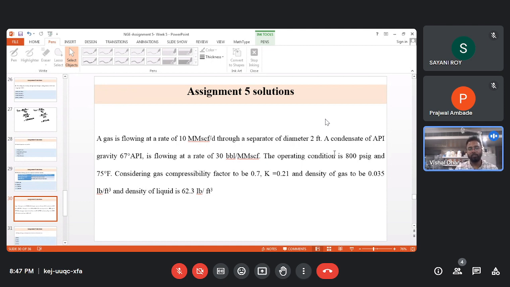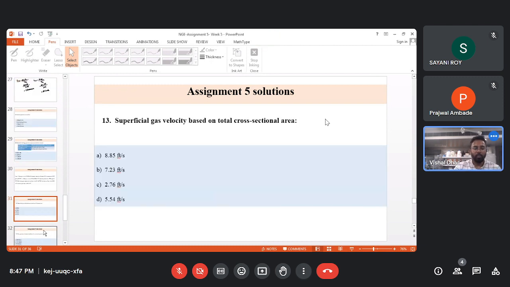Considering gas compressibility factor to be 0.7, K equal to 0.21, density of gas to be 0.35 lb per feet cube and density of liquid to be 62.3 lb per feet cube. The question is: superficial gas velocity based on total cross section area. Four options are: A, 8.85 feet per second. Option B is 7.23 feet per second. Option C is 2.76 feet per second and option D is 5.54 feet per second. Write down the question.